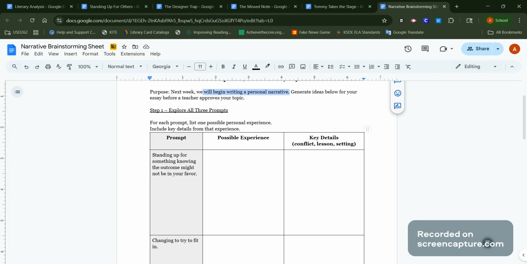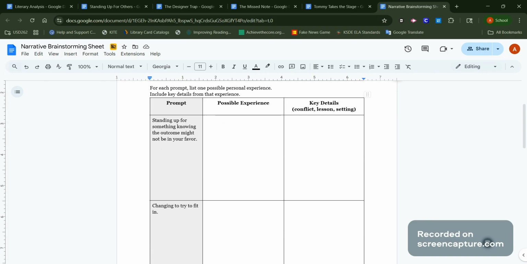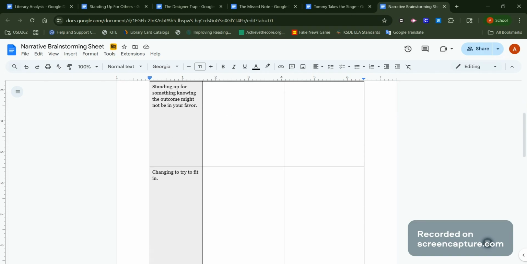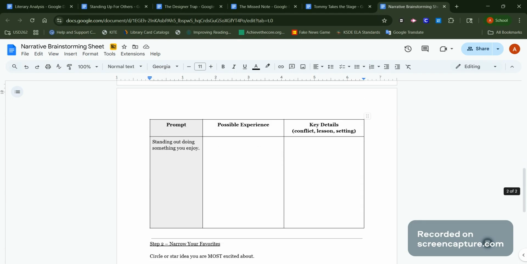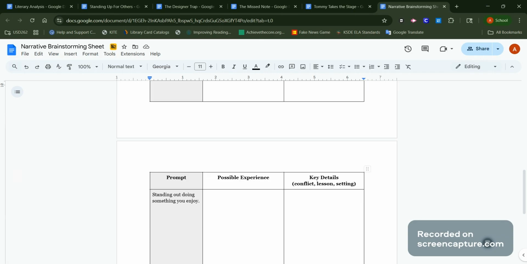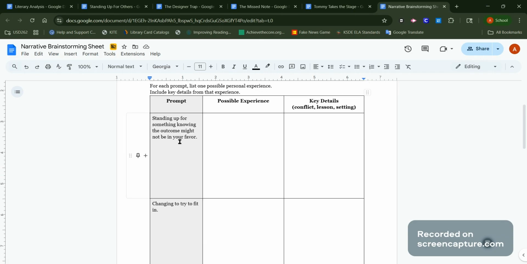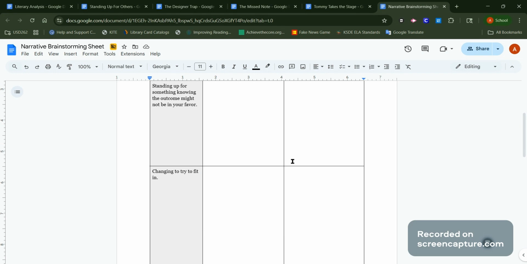One thing that I will say, and I'll remind you of this next week, is just make sure that whatever you're choosing is something that you're comfortable with people knowing about you. So if it's a more sensitive topic that you don't really want to talk about, then don't include it here, right?